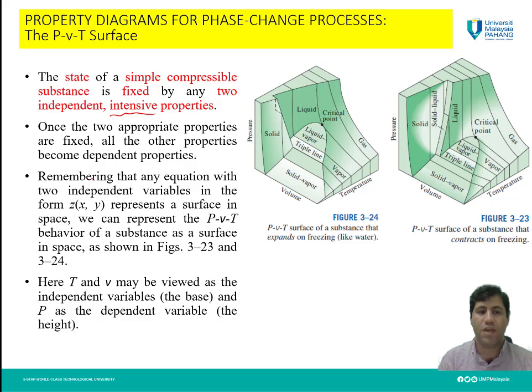So we can have a relationship like this, where Z here, for example pressure, is dependent on X and Y, which are volume and temperature. Then this PVT diagram will be something like this, a 3D illustration of the phase change process.